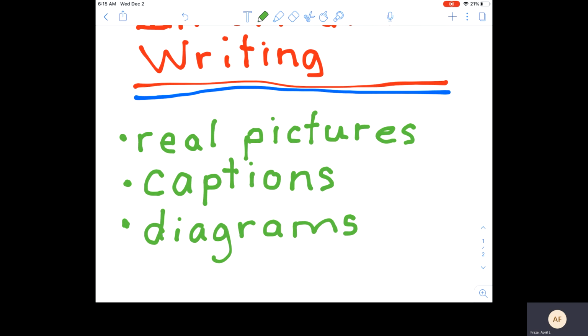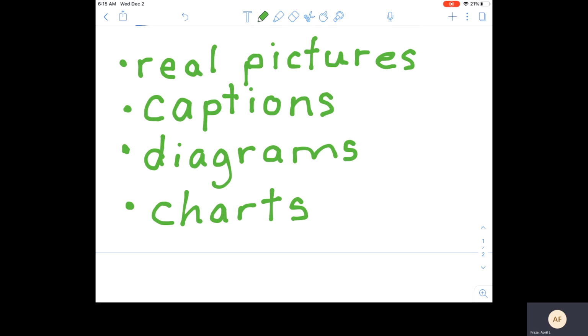You may also see charts. We haven't talked a lot about charts, but a chart is basically set up to show bits of information, usually to make a comparison or provide information.